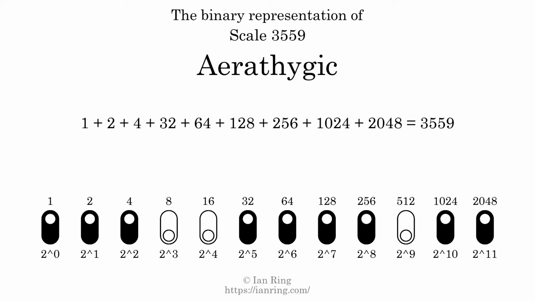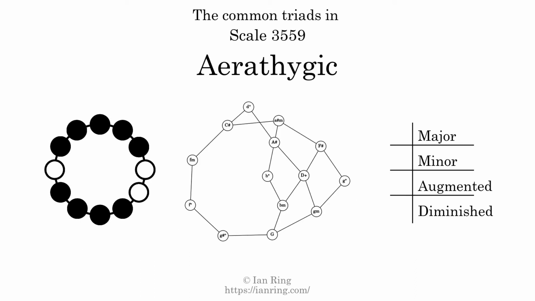That is why the scale number, in decimal, is 3559. The scale number not only enumerates the scale with a unique index, but it also literally describes the tonal content of the scale. Represented as a binary number in base 2, the scale number is 1101111001111. Here are the common triads present in this scale.